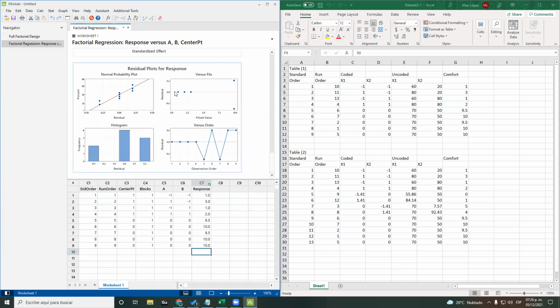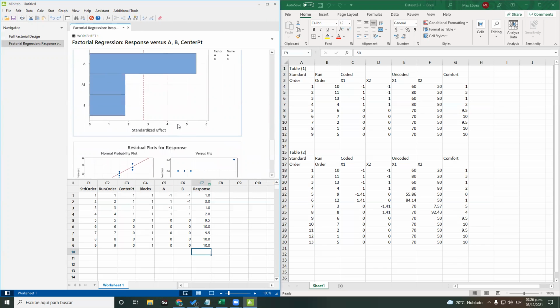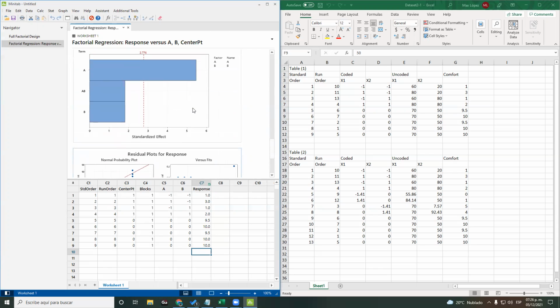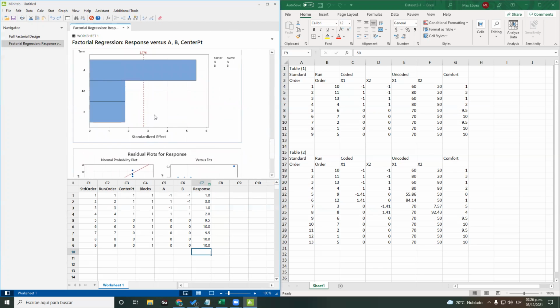And now we can remove non-significant factors to see if the normalization of the data improves. And we can also apply a Box-Cox transformation.